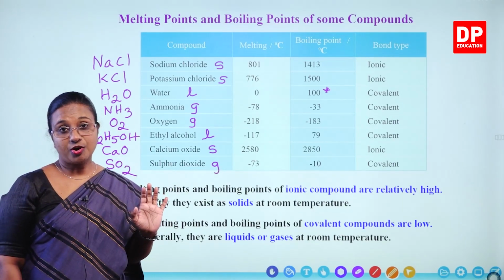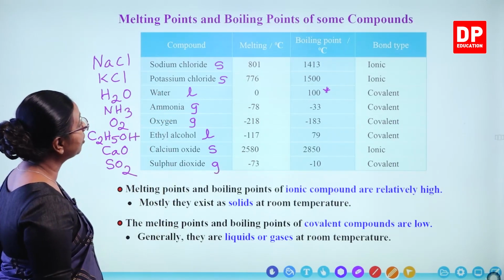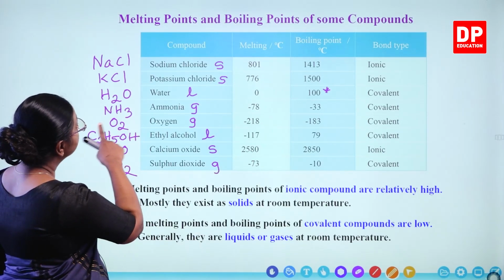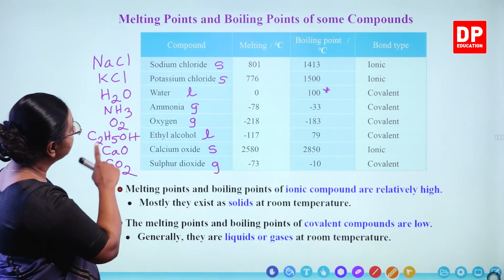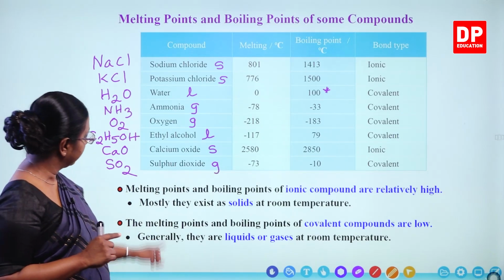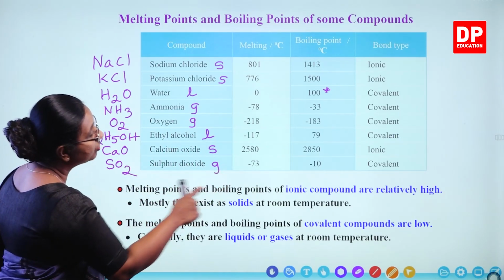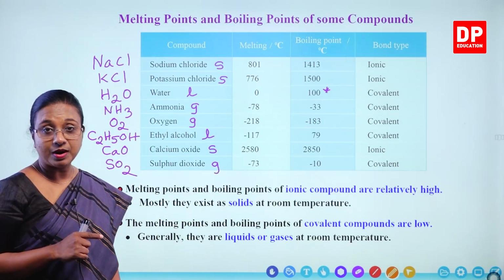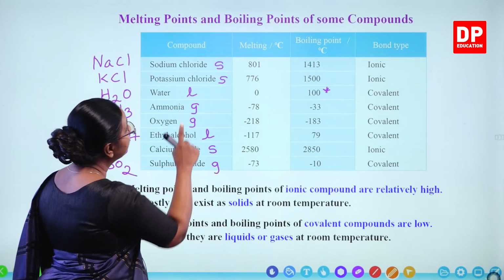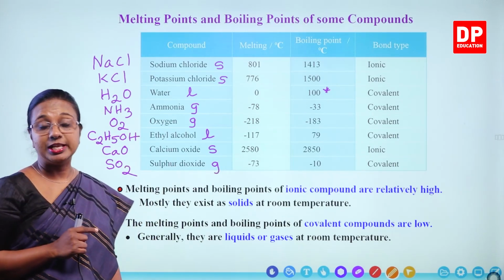Is that clear to you all? So look at all the compounds. Sodium chloride, solid. Potassium chloride, solid. And calcium oxide, solid. And all those three are ionic compounds. So they have very high melting and boiling points.